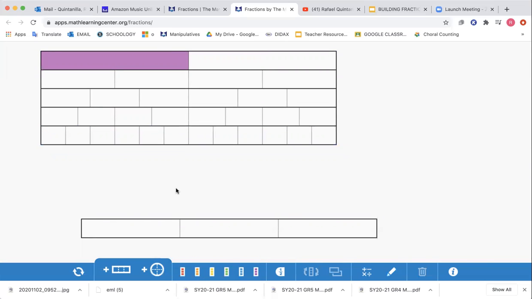So here, a question I might ask students is, I have one half here, boys and girls. How many one-fourths do I need to shade in to make them equivalent? Right?